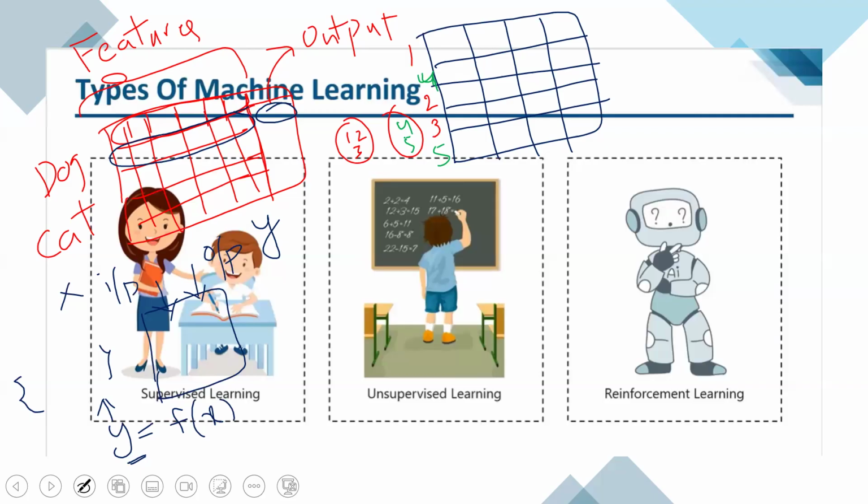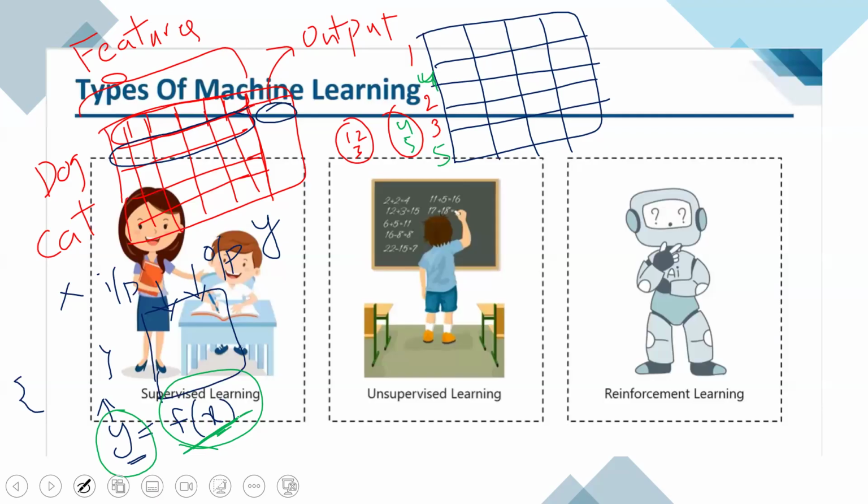This function will be derived by the algorithm, such that when you give a specific input in the future, it comes out with the output. It tries to derive the relation between the inputs and the output, as both inputs and outputs are fed. So the task of supervised learning algorithms is that if you feed an input, it tells you the output.